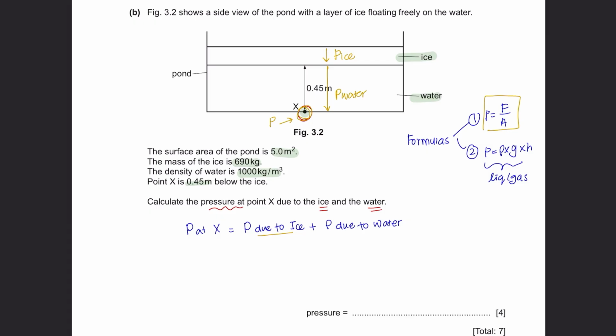We are given the mass of the ice, which is 690 kilograms, and the surface area, which is 5 meters squared. So let's use this to calculate the pressure. Force over area.